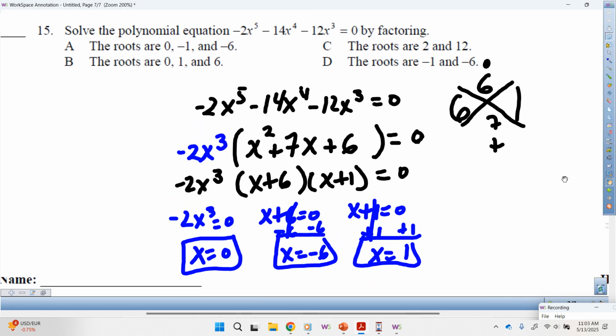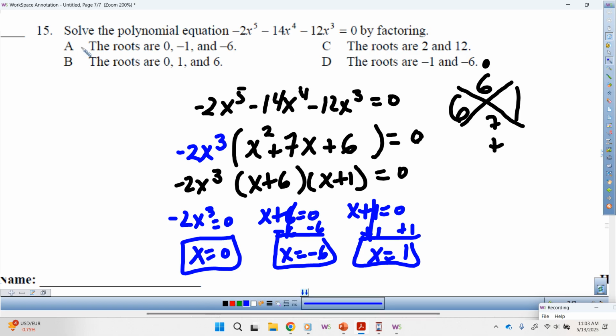So which ones of those are my roots? 0, negative 6, and negative 1. 0, negative 1, and negative 6? It's A. 0, 1, and 6? No. C, only 2 and 12? No. Did I make a mistake? Oh, my bad.